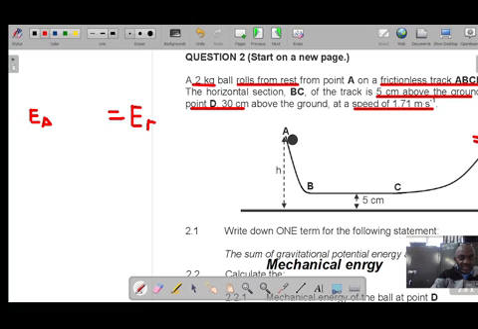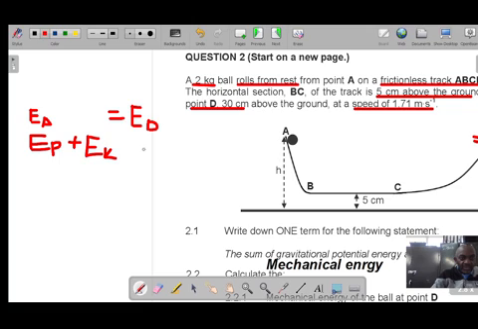What does E mechanical mean? It's the same as EP plus EK. So the EP and the EK at point A will be equal to ED.